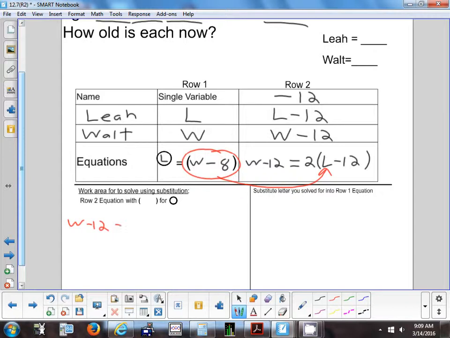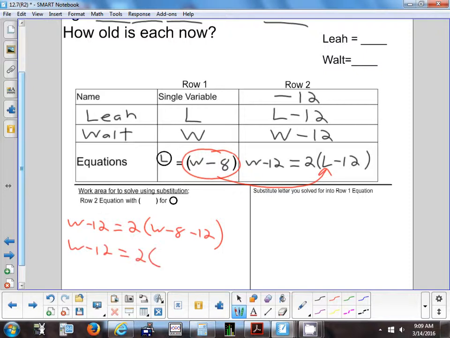So, W minus 12 equals 2, and now in parentheses, L minus 12. Fill in W minus 8. That's L, and then you still have the minus 12.